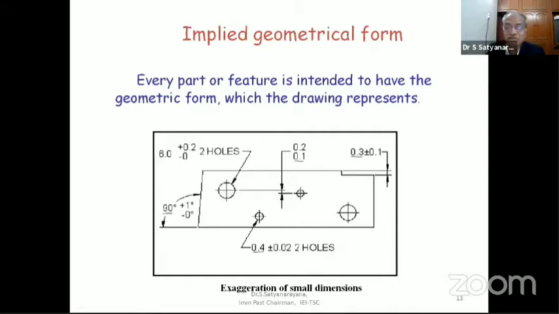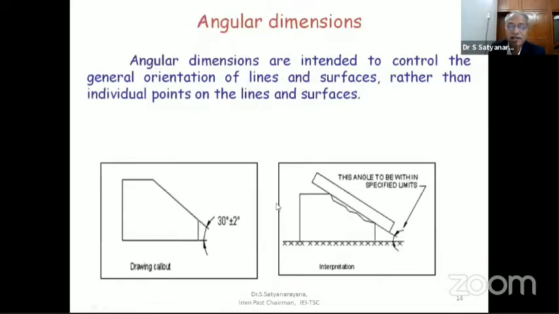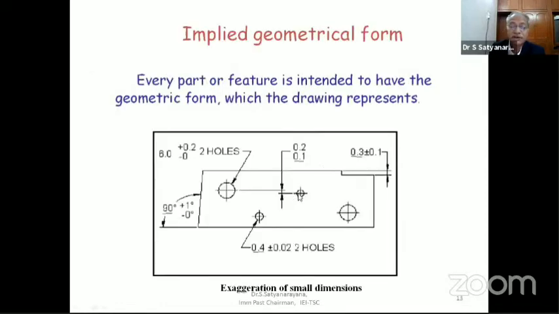To distinguish between these two, and show very clearly that this center is different and this center is different, you can exaggerate the dimension and draw so that the shop floor man will easily understand. That is how this underline is made. Underline means not to scale. And one more thing, here you see there is a 0.3 step. Suppose you draw this line and this line, the 0.3 step is not visible on the drawing.